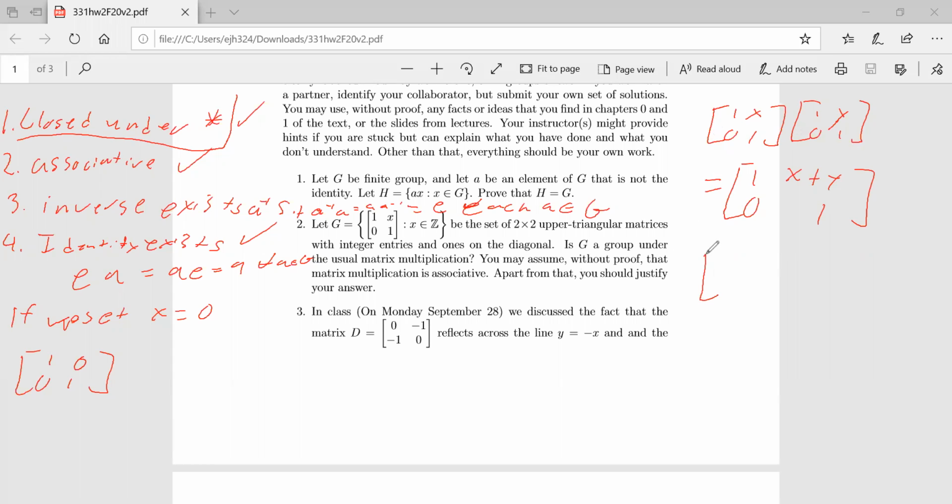If I have [1 x; 0 1], what do I think the inverse will be? Yes, exactly. We would just sub in [1 -x; 0 1]. Cool. So it fits all of our criteria for being a group. Therefore, it is a group. Does anyone have any questions about this one? Nope.